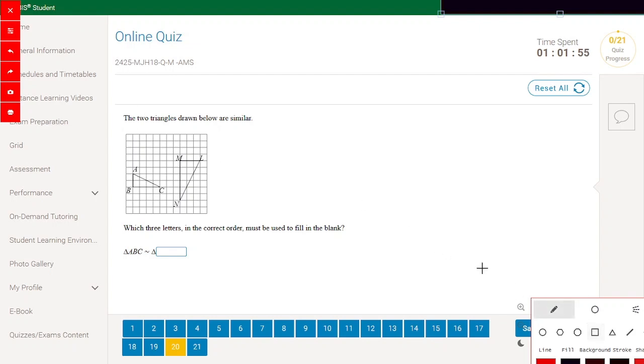The two triangles drawn are similar also. Okay, I have ABC and MLN. Which three letters, in the correct order, must be used to fill the blank? Now we have these two triangles.